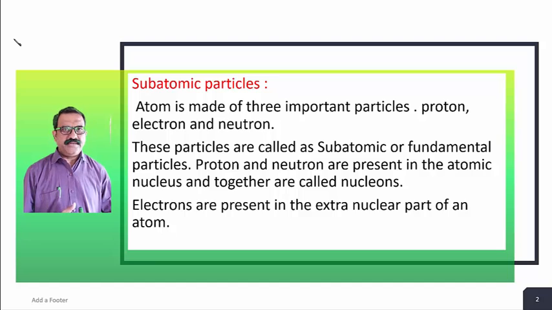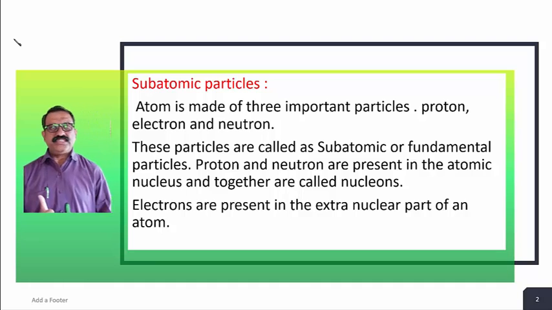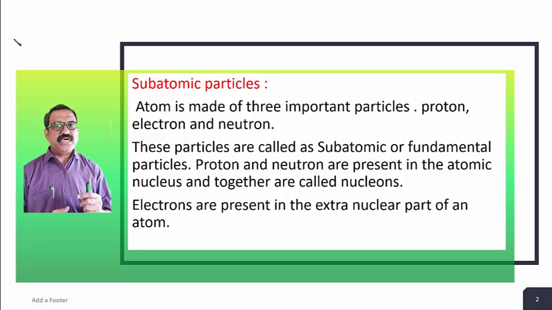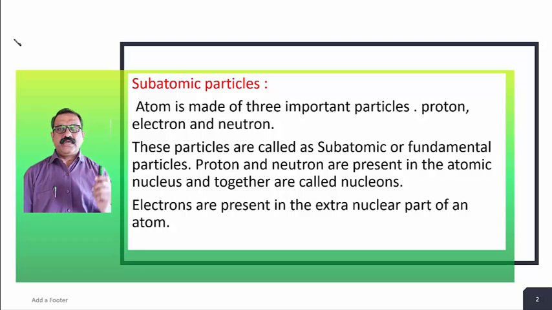That is, atom is made up of proton, neutron and electrons, which are known as subatomic or fundamental particles of an atom.